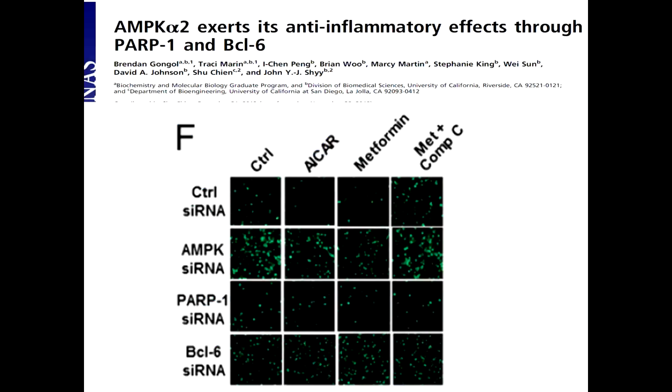And it seems that metformin acts through BCL6, because you can see that in the metformin column, if we look at BCL6 siRNA, there's a whole bunch of green. That means that in order for metformin to work as an anti-inflammatory drug to reduce monocyte binding, BCL6 must be present.